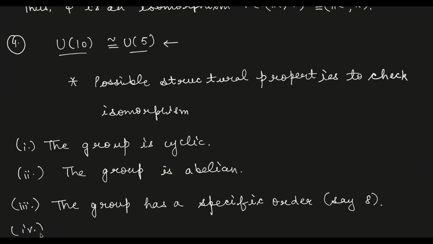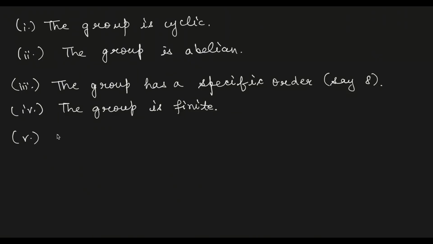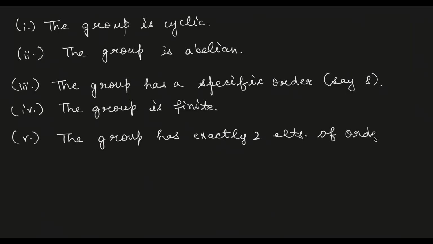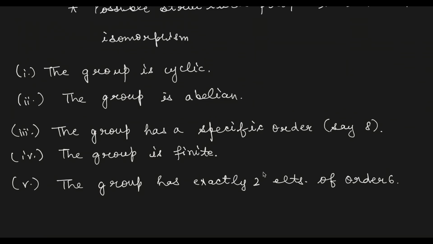Fourth, the group is finite. And fifth, the group has exactly 2 elements of order 6. Means exactly 2 elements of a particular order can be there.